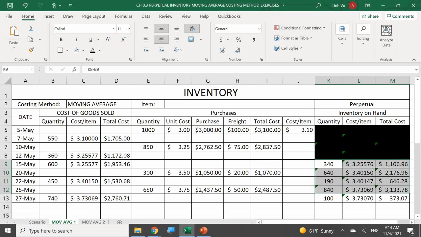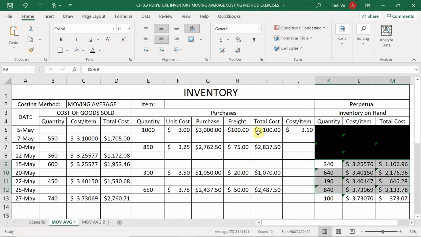I jumped up 25 cents when I purchased my items. Because I jumped up by 25 cents per item, it has also increased my average cost by almost 30 cents. Okay? I also have to include my freight, and my freight is also what's going to drive my average cost up, because it depends on how much you charge freight for, right?